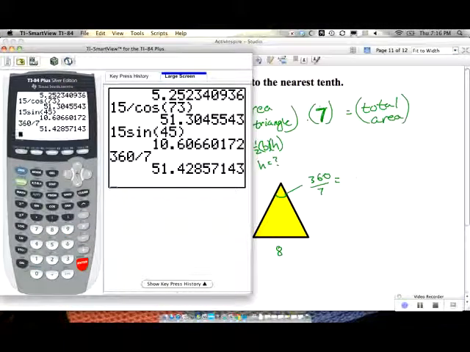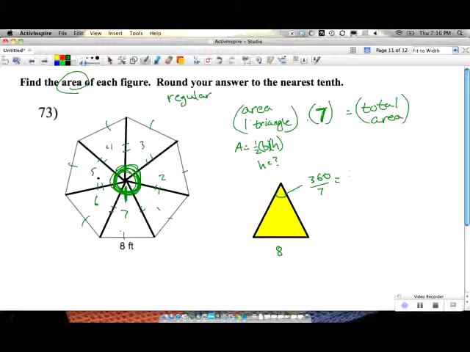Well, then let's look at these angles down here, this one in the bottom and this one in the bottom as well. Notice that we have some symmetry in each of the triangles, which means they're actually isosceles triangles. And isosceles triangles have equal base angles.